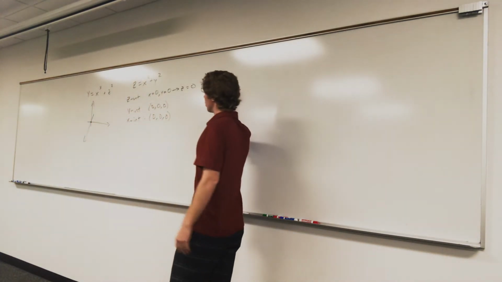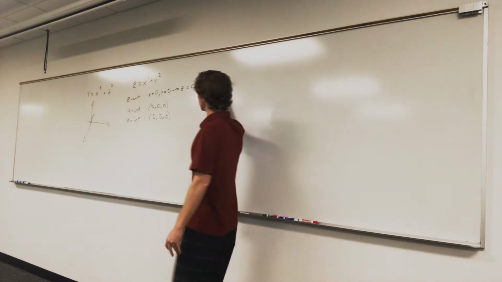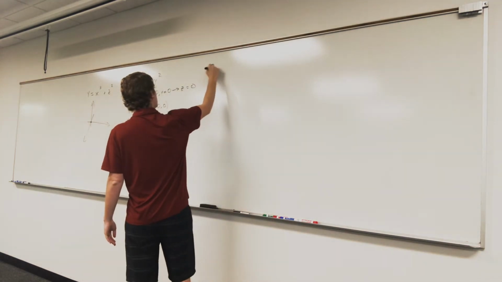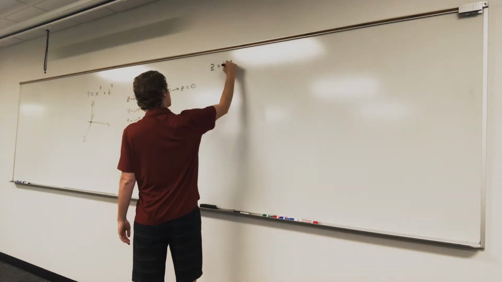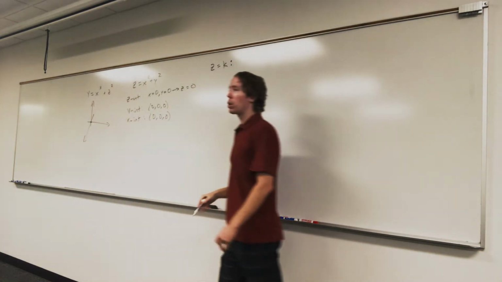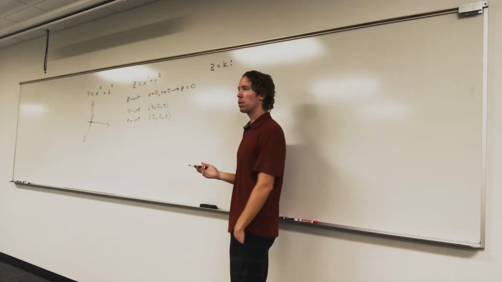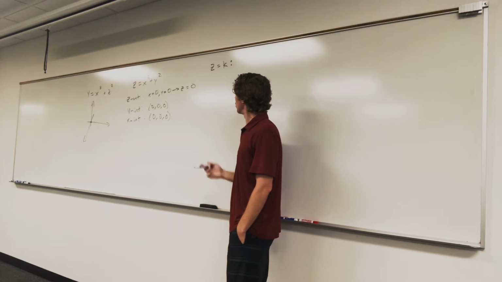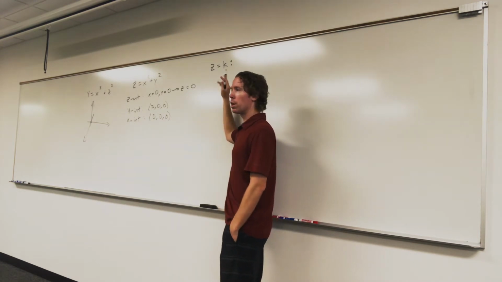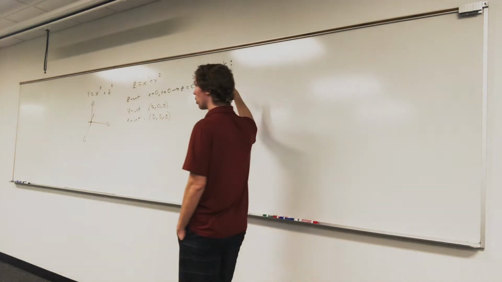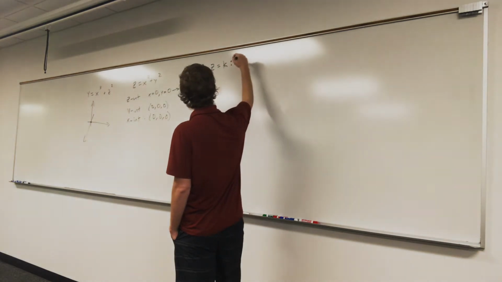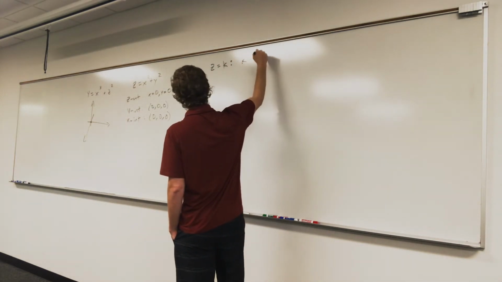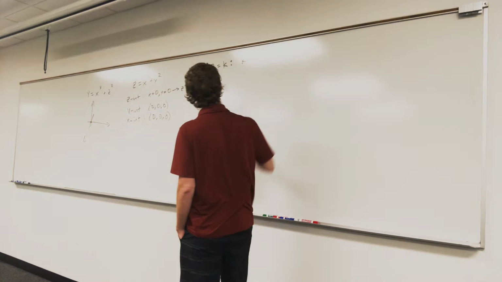Let's go ahead and plug in z equals k. I could plug in z equals 0, but z equals k is a little bit more general, and it allows you to see more of the traces. So if I plug in z equals k, I get k equals x squared plus y squared.